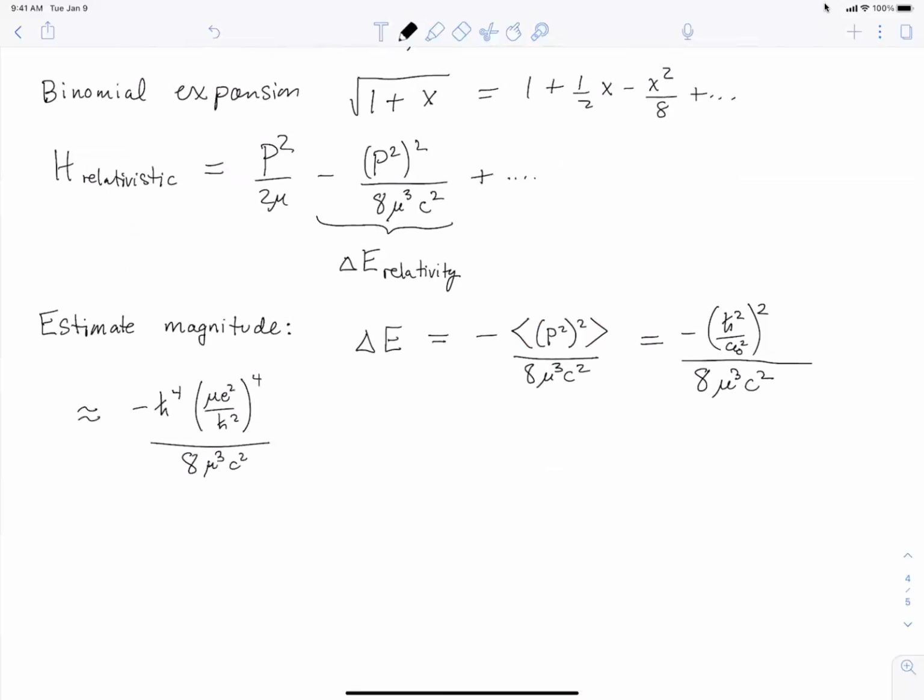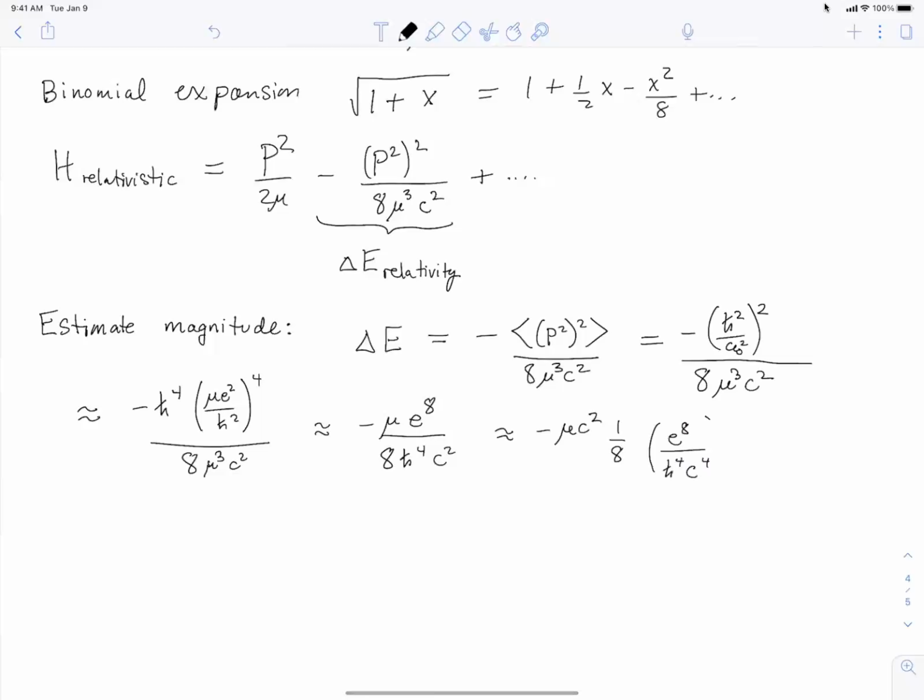I'm not sure why I'm keeping track of the 8 because it's not really rigorous here. But then you can write this as minus the mass e to the 8th power over 8 h bar 4th c squared. There's lots of different ways to write this. I'm aiming, though, to get this in the form of the rest energy of the electron, which is minus mu c squared times 1/8 times e to the 8 over h bar to the 4th c to the 4th.